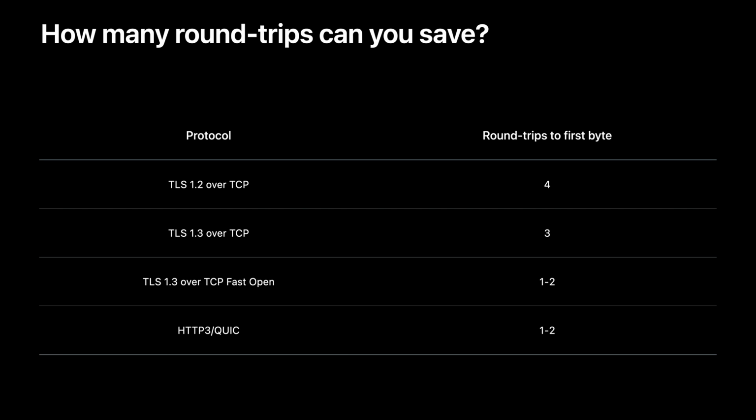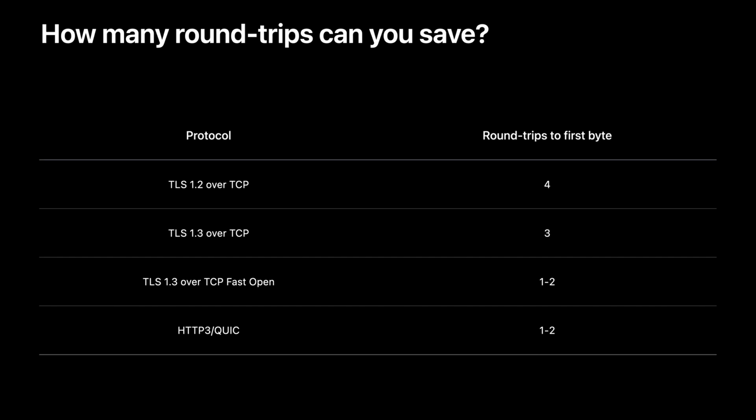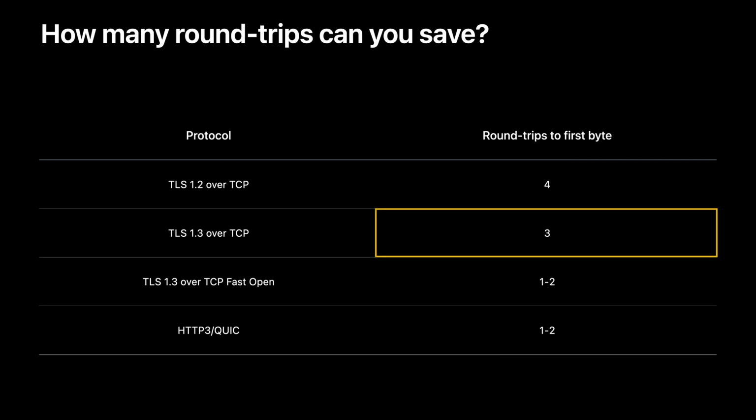To give you an idea of how many round trips you can save with these modern technologies, let's start with a reference point. Let's say your app is currently running TLS 1.2 over TCP. In this case, it will take 4 round trips to get the first byte to your user. If your server switches from TLS 1.2 to TLS 1.3, your connections will eliminate an entire round trip.